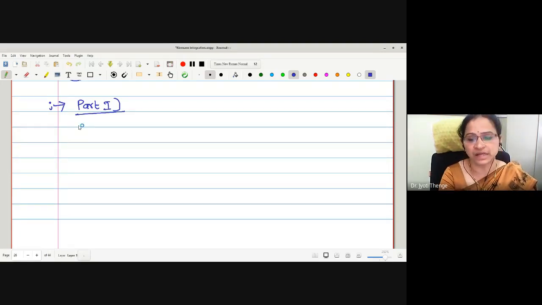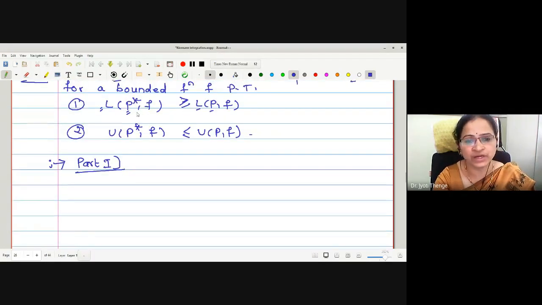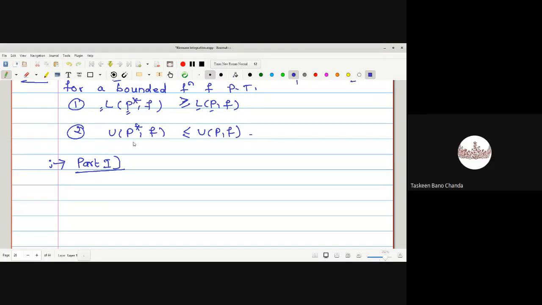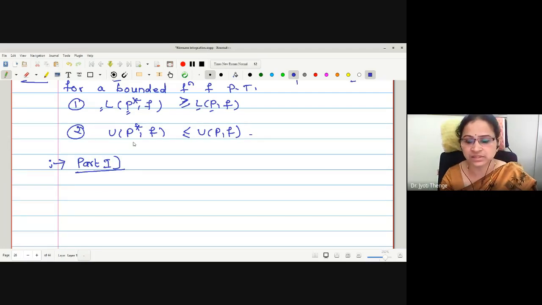Therefore, we will try to prove the result by taking only a single point extra. If by taking 1 point extra I prove that the lower sum is greater than or equal to the previous lower sum, then what will happen if I take more points extra? May I say the result will carry over as it is? Correct? Yes, ma'am. While proving the result, we will prove the statement by taking only 1 point extra.